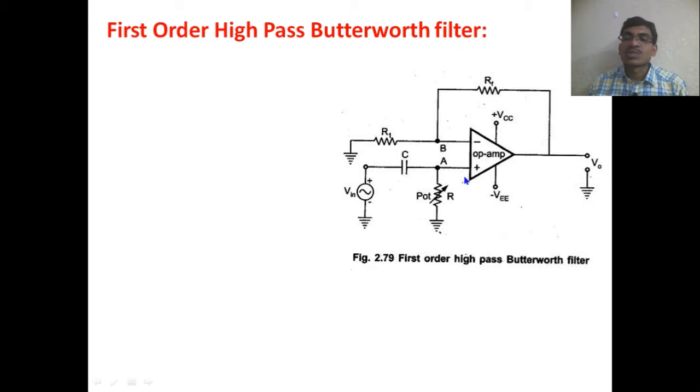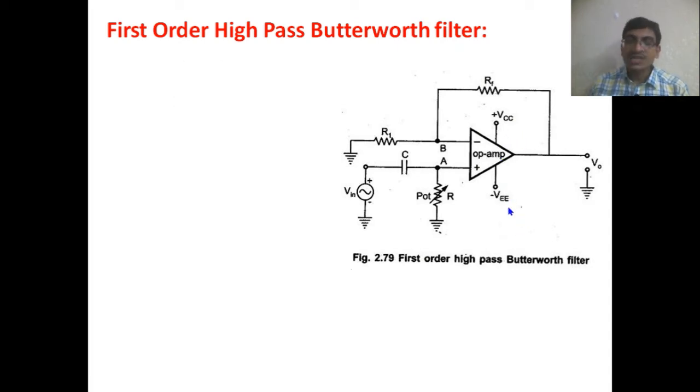This op amp is working in non-inverting configuration, and this RF1 R1 decides the gain of the op amp or amplifier gain, and here VIN is the input voltage, AC input voltage, and V0 is the output voltage. So here VCC and minus VEE are the supply voltages in order to operate the operational amplifier.